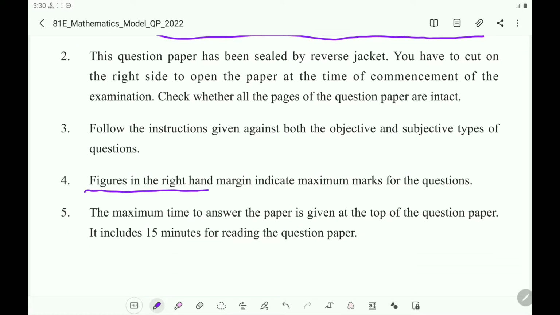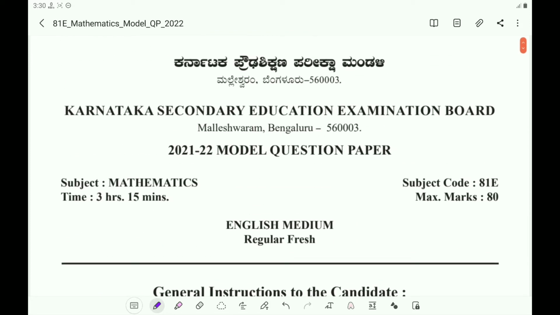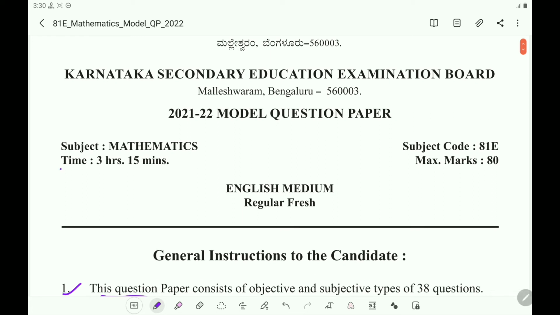Figures in the right hand margin indicate maximum marks for the questions. The maximum time to answer the paper is given at the top of the question paper. It includes 15 minutes for reading the question paper. So here, what is the maximum time?